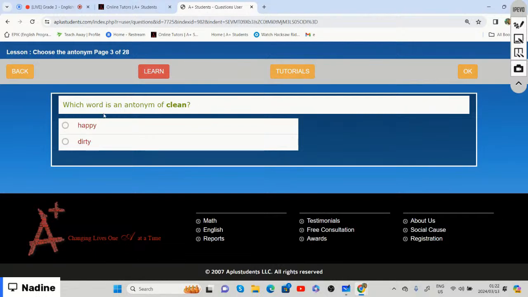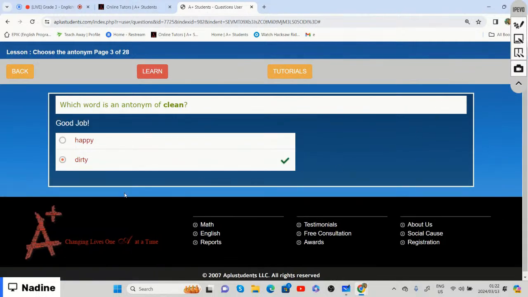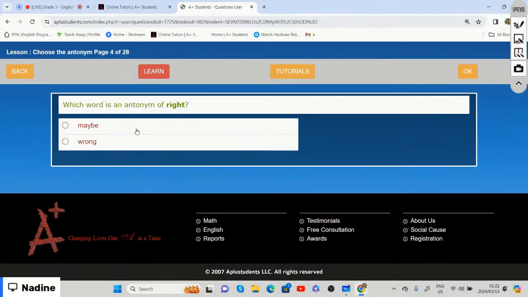All right, so the opposite of clean, if something is not clean, then we can say it is dirty, right? So if it's not clean, it's dirty. So well done.